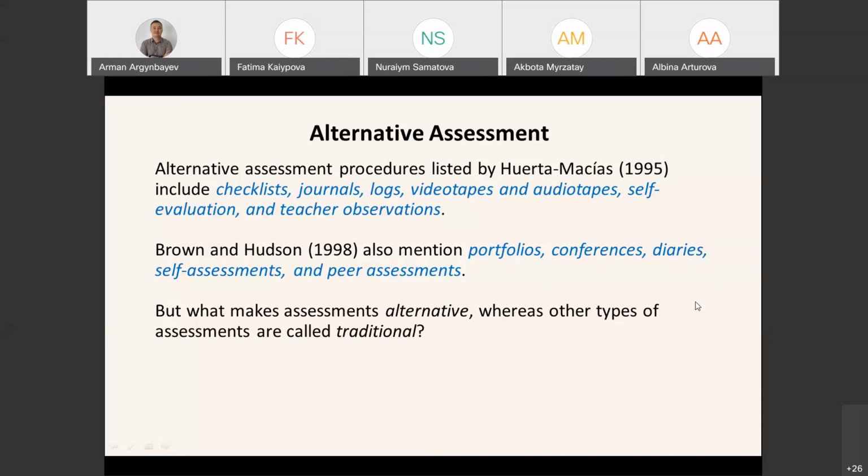Alternative should replace the traditional, is the question. Actually, no, it shouldn't. It's a common misunderstanding that alternative works best and we should use only alternative assessments. It just sounds popular, like alternative medicine or alternative art, modern art.